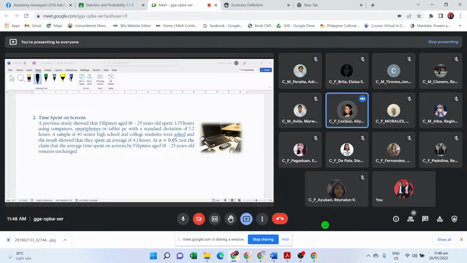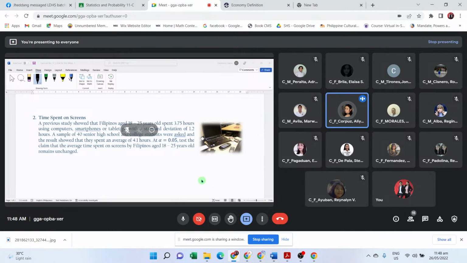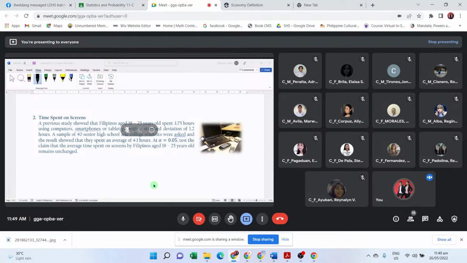A sample of 40 senior high school and college students were asked, and the result showed that they spent an average of 4.1 hours at alpha equals 0.05. Test the claim that the average time spent on screens by Filipinos aged 18 to 25 years old remains unchanged. Okay, thank you. So, still this is Z test for the mean, ano?